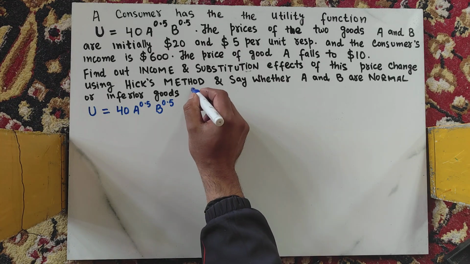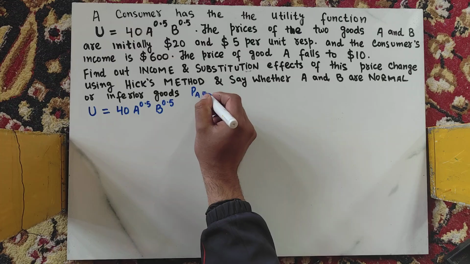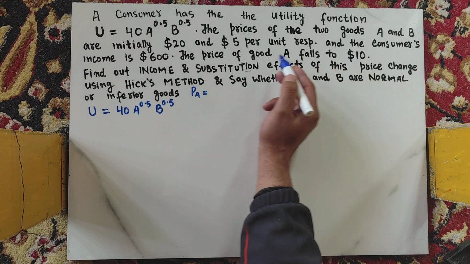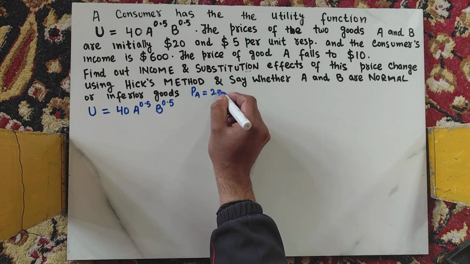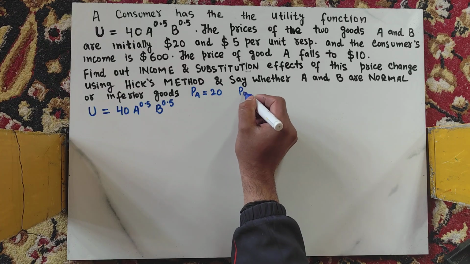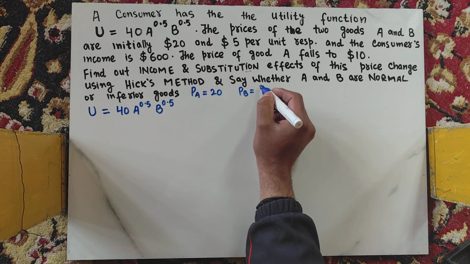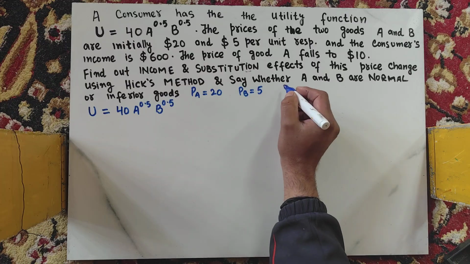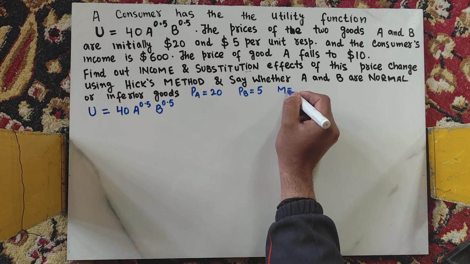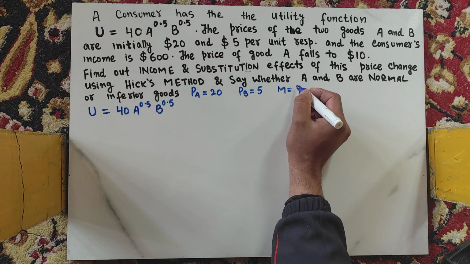Also, we are told the price of good A is $20, the price of good B is $5, and the income of the consumer is $600.